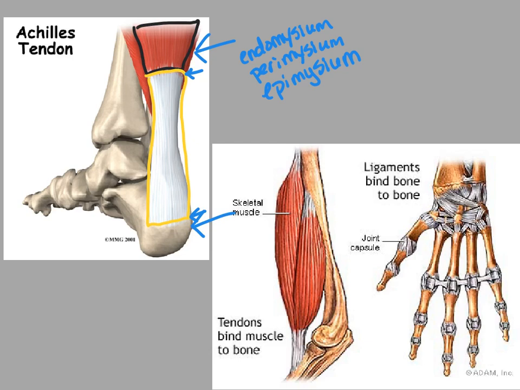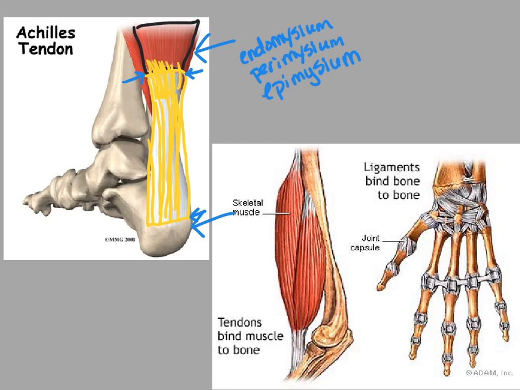So if the muscle cells end right there, I'll use yellow, the endomysium, perimysium, and epimysium continue on. Even when the muscle cell itself stops, that connective tissue continues on, and those fibers then weave together to create the tendon. And of course, they continue all the way down here, right? So you don't have muscle cells in the tendon, just collagen fibers making up the tendon.